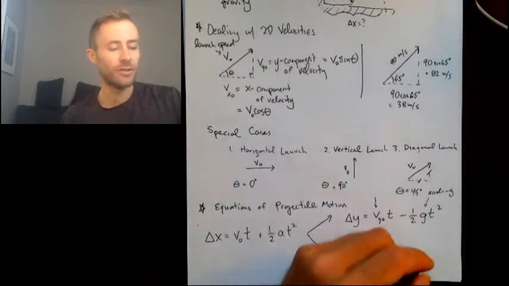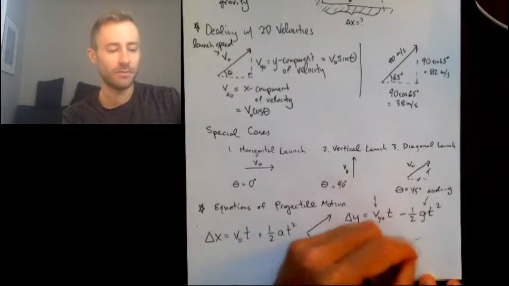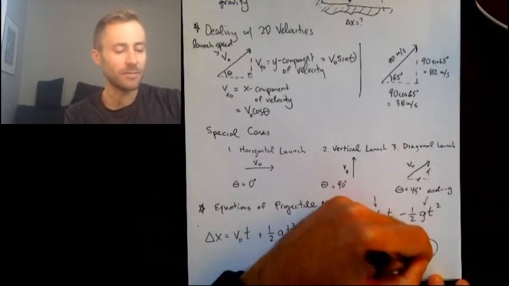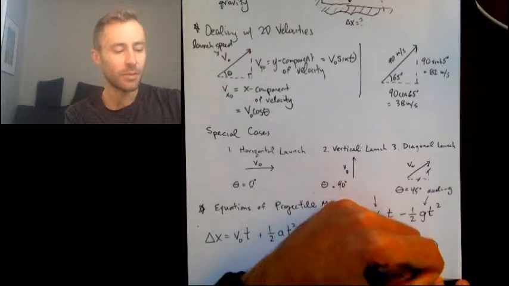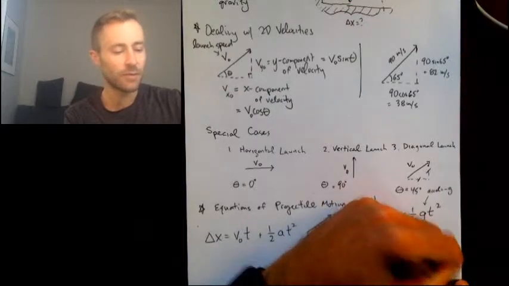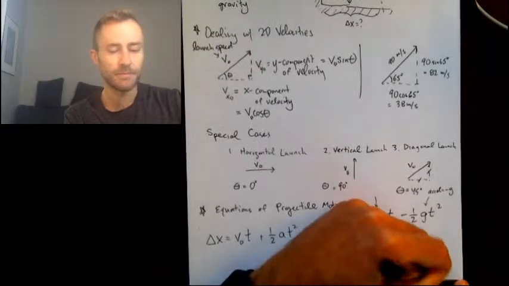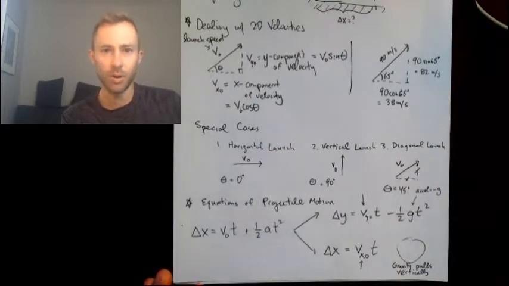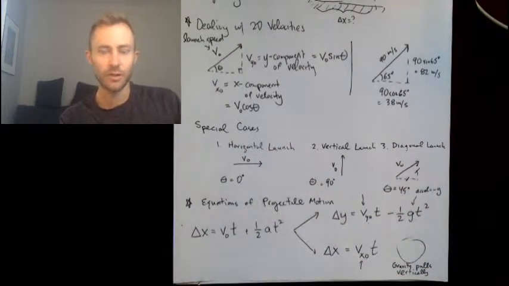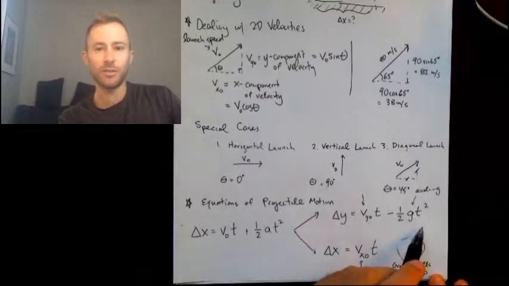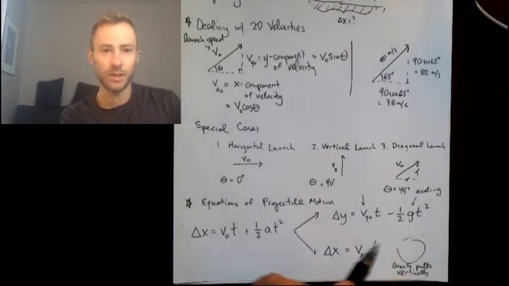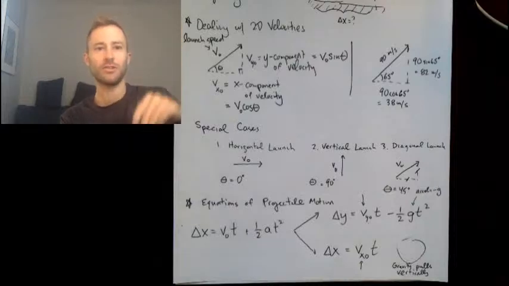Notice how there is no extra term. There's nothing here. Why is that? That is because gravity pulls vertically. So this t squared term represents the acceleration, and in projectile motion, all of the acceleration is vertical.